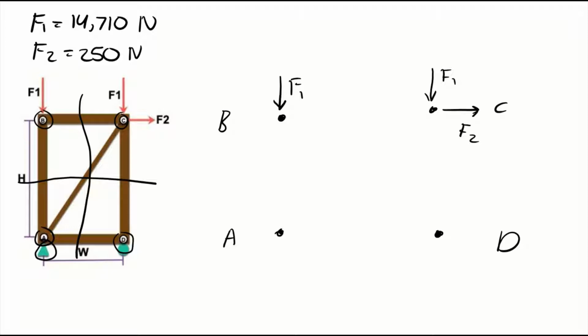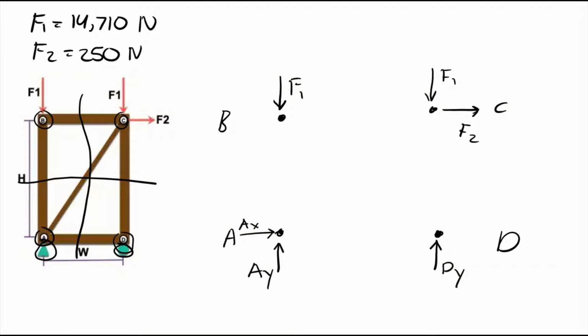A pinned support resists movement in the x and the y direction. So I'll go ahead and draw a force in the x direction, which I'll call A sub x, and a force in the y direction, which I will call A sub y. At joint D, there's a roller support, which only resists movement in the y direction. So I will draw a force in the y direction and call it D sub y.